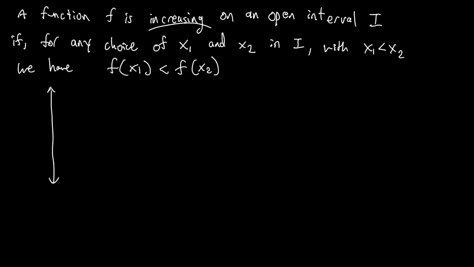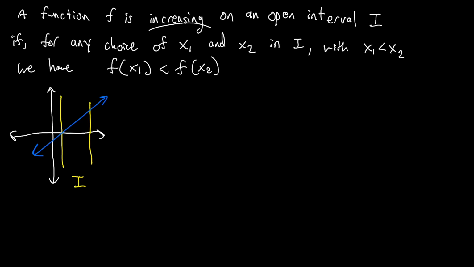If we take a look at a graph, we could call any interval, let's say, between here and here, our interval I. We can think about it as a restraint on our x values. So for any choice of x1 and x2 in I, I'm going to go ahead and draw a graph here and a line.